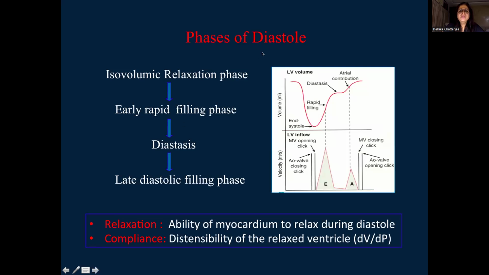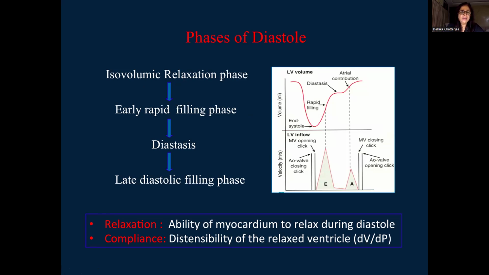Now, if we look at the phases of diastole, it starts from the isovolumic relaxation phase. This is the phase when both the mitral valve and the aortic valve are closed. The ventricle is taking rest. It is relaxing.